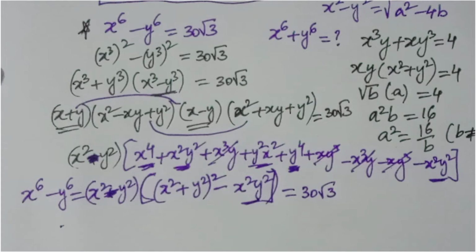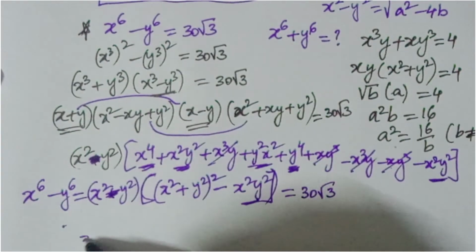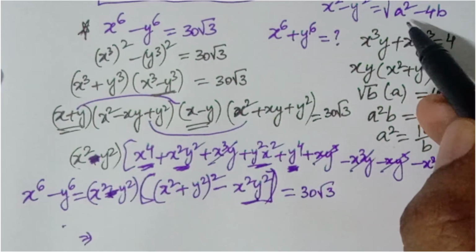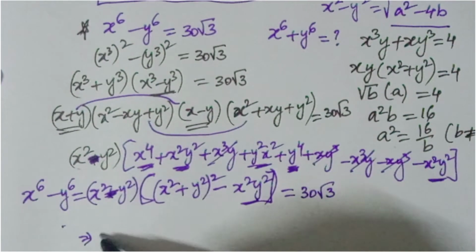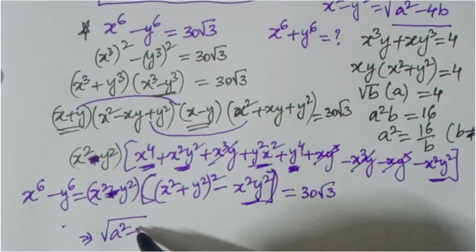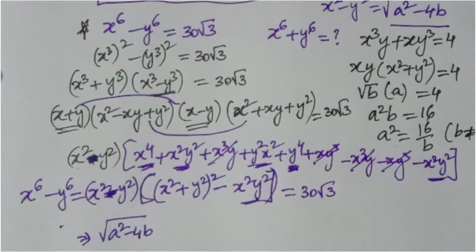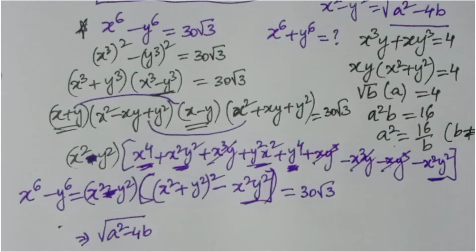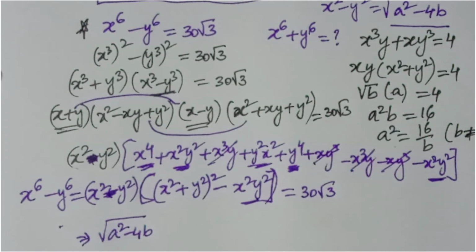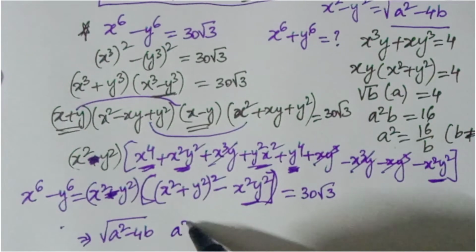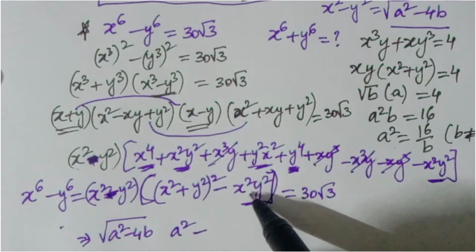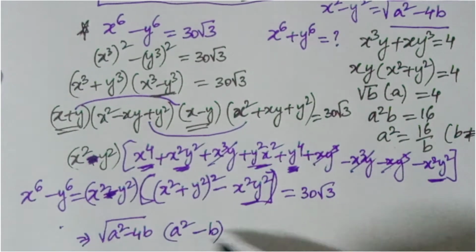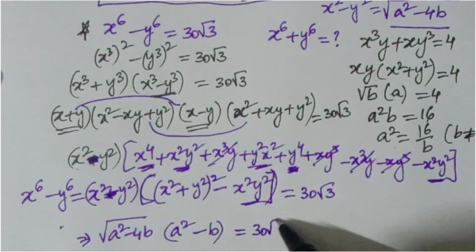So x square minus y square is root of a square minus 4b, and x square plus y square is a, times a square minus x square y square, which is b, is equal to 30 root 3.